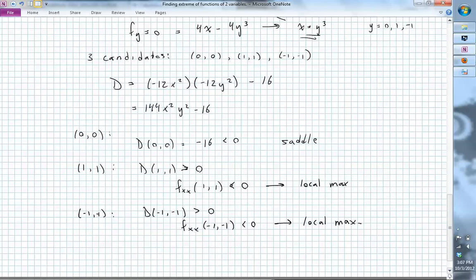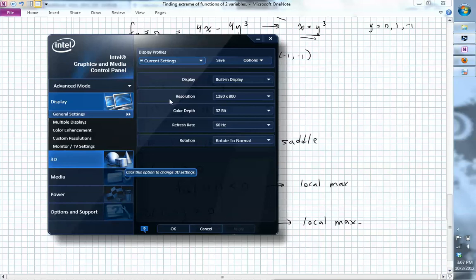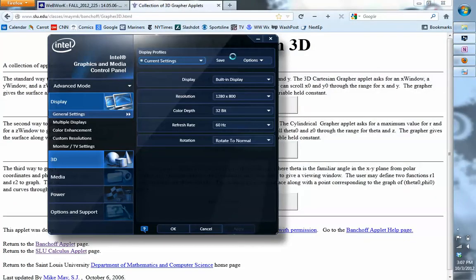All right. Yes, I want to see what it looks like. Wow, this computer is so persnickety today.